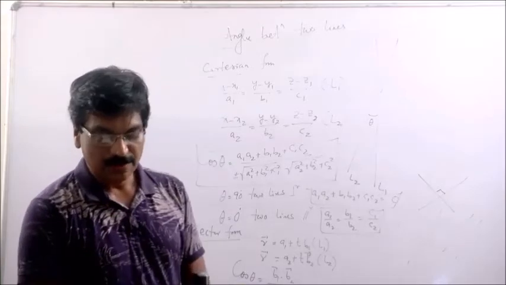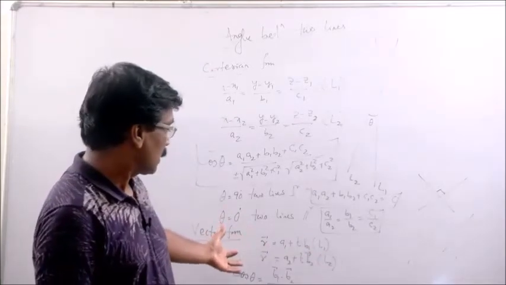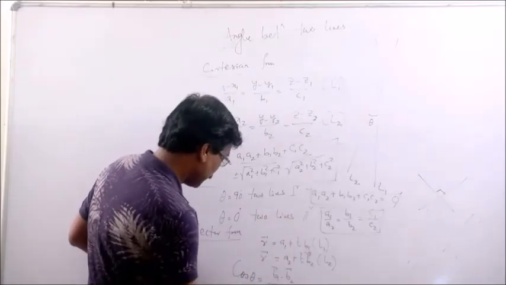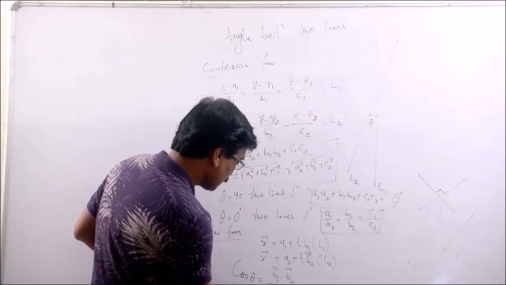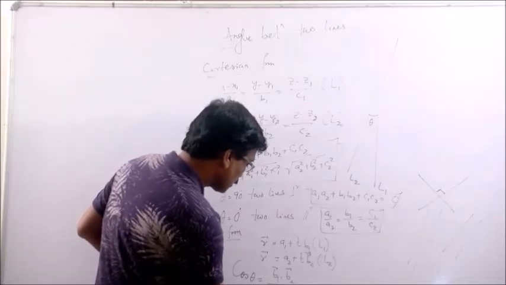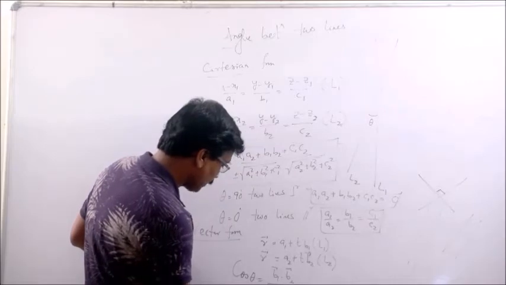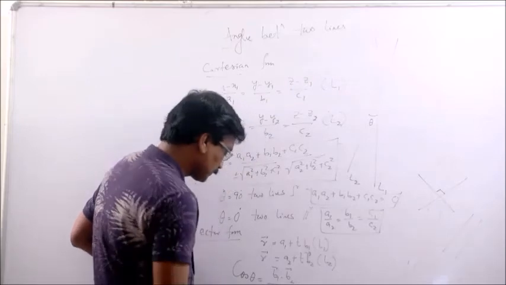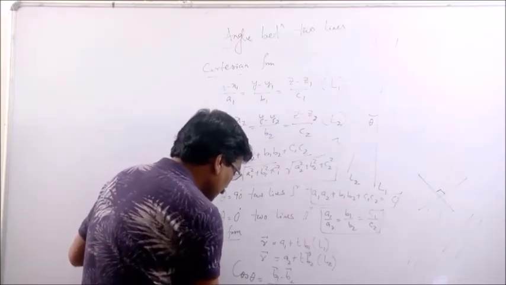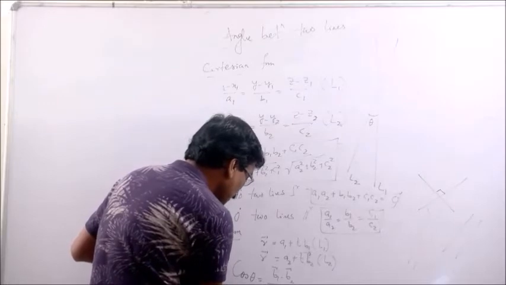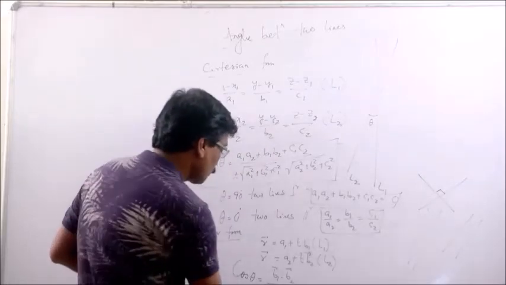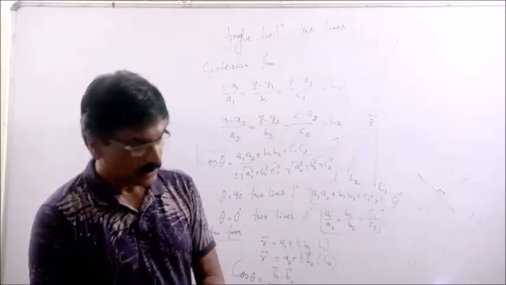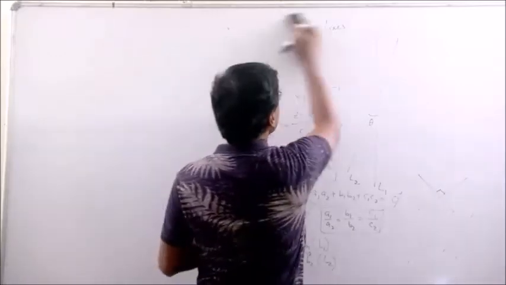So this is the angle between two lines in vector form. If theta is equal to 90 degrees, then obviously B1 dot B2 is equal to 0, and if theta is equal to 0 degrees, the magnitude of B1 cross B2 is equal to 0. So the two vectors are perpendicular or parallel. This is called the angle between two lines.